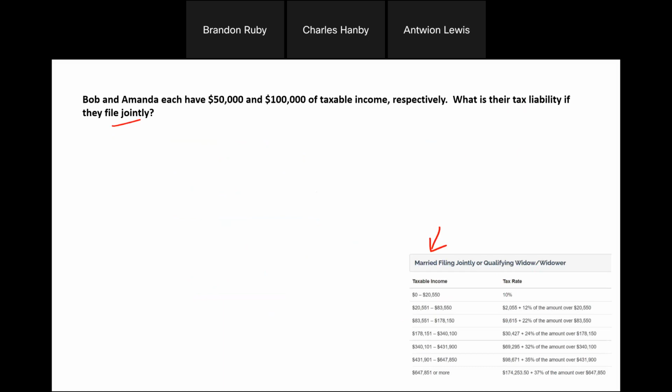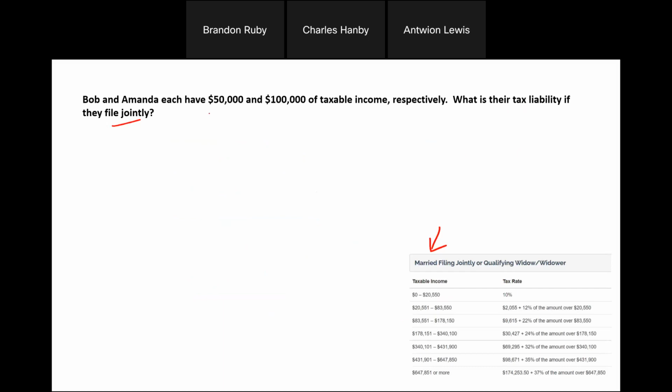A widow or widower can use this schedule in the year in which their spouse passes, plus 2 additional years. After that, you go back to the single taxpayer table.